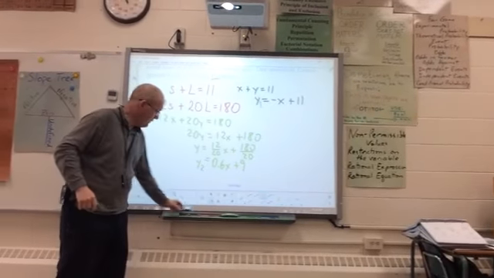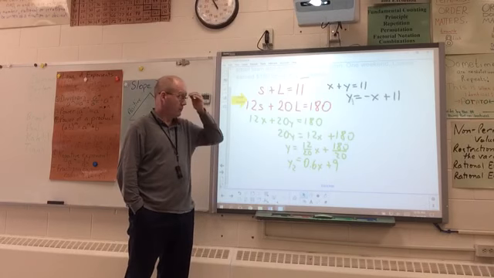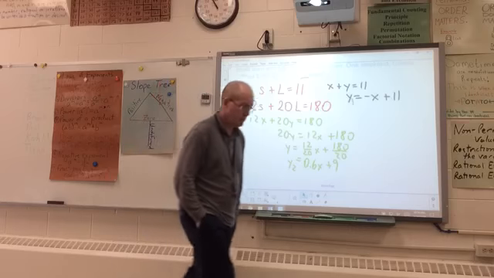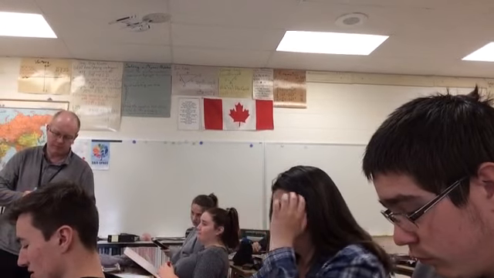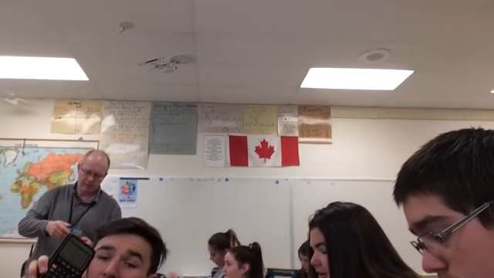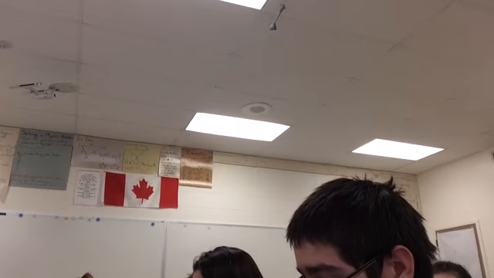So you guys, grab your graphing calculators and graph them for me, please. This is what I got when I first did it: minus x plus 11, and 0.6x plus 9. Now what are your windows set at? Let me see if I get the same thing.